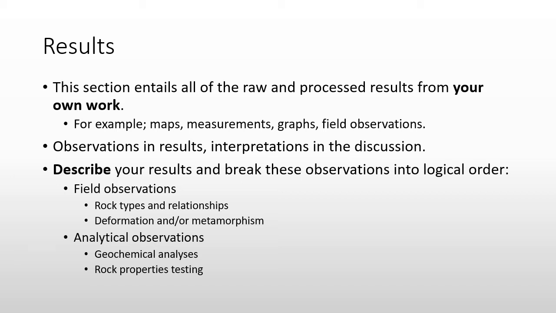So an easy way of understanding if you've written your results section correctly is that you shouldn't have any references in your results section. Nothing about your results section should have come from other people's work, unless of course you are retesting that. So if you are taking analyses from someone else and you're plotting them again, then you can reference that. But essentially everything about your results should be your own work.